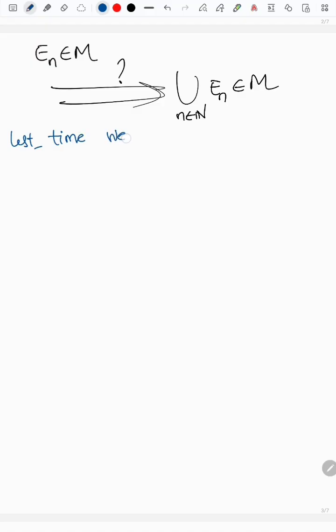Last time we have seen that a finite union can be written as a disjoint union.